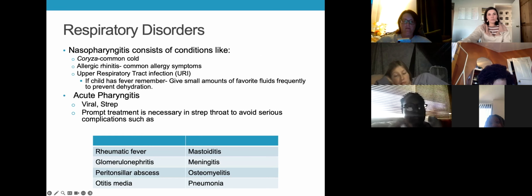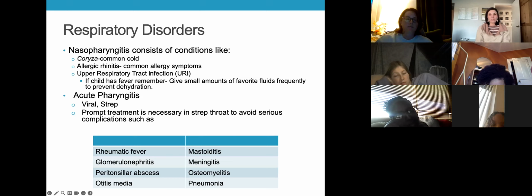And then upper respiratory tract infections. It's important to remember that if a child has a fever with an upper respiratory tract infection, we're giving small amounts of their favorite fluids frequently so that we're preventing dehydration. So whatever we can get them to take liquid-wise, we give them just so that they don't get dehydrated.